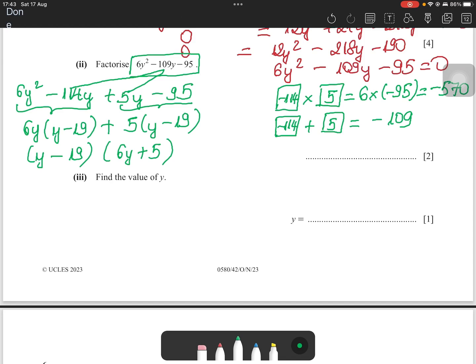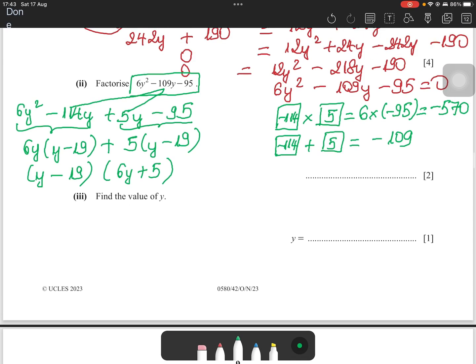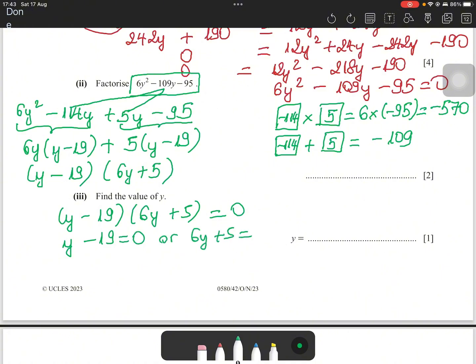And now we need to find the value of Y. To find the value of Y, we know that Y minus 19 times 6Y plus 5 is equal to 0. In this case, Y minus 19 can be 0 or 6Y plus 5 can be 0.